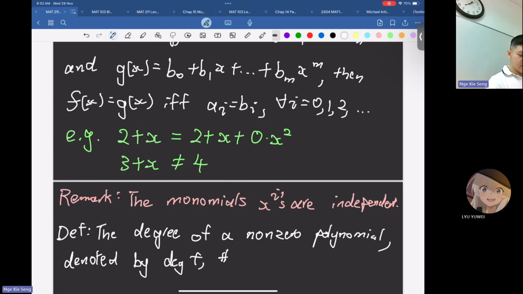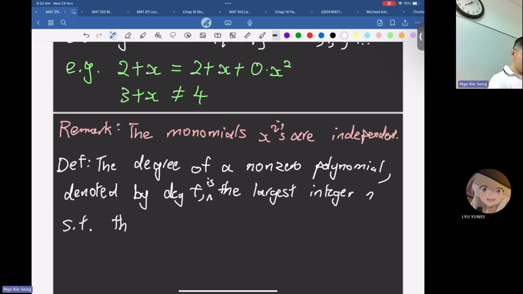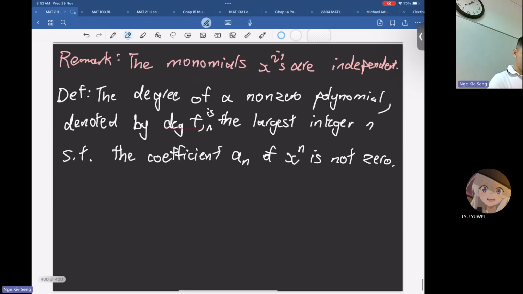This is the largest integer n such that the coefficient an of x to the power n is not 0. So the highest non-zero power that exists in your polynomial. Good.